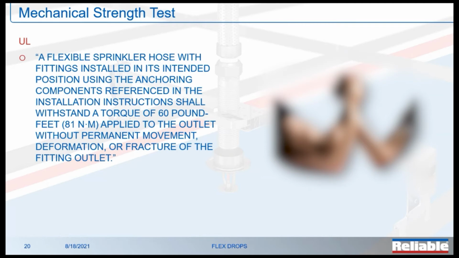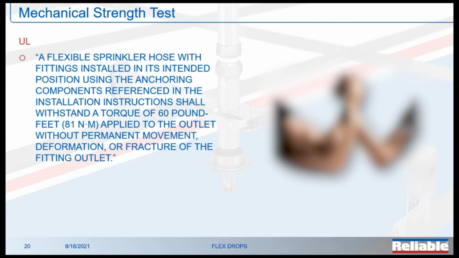And quite simply, all this one is for UL is to anchor the flex drop in the ceiling tile using the approved fasteners and put in a fire sprinkler to a 60 pound-foot torque and see if things hold up. Right, so on day to day, we've got to be able to make these fire sprinklers in out there if they're not made in on the ground.